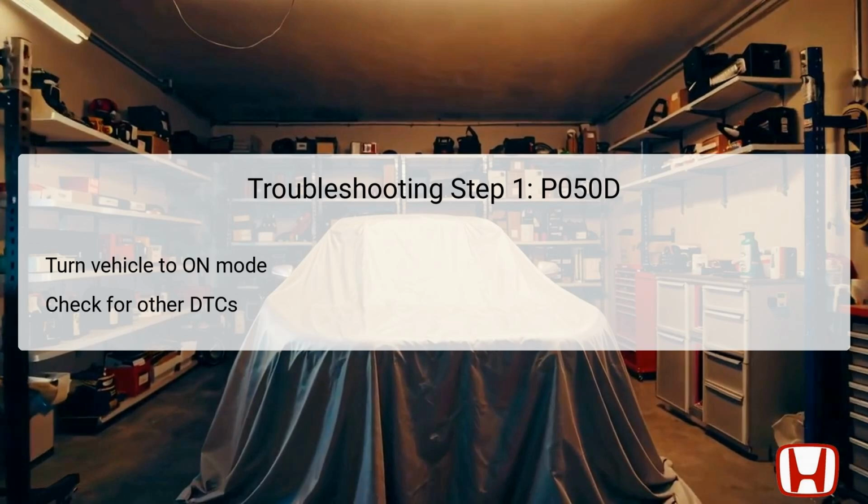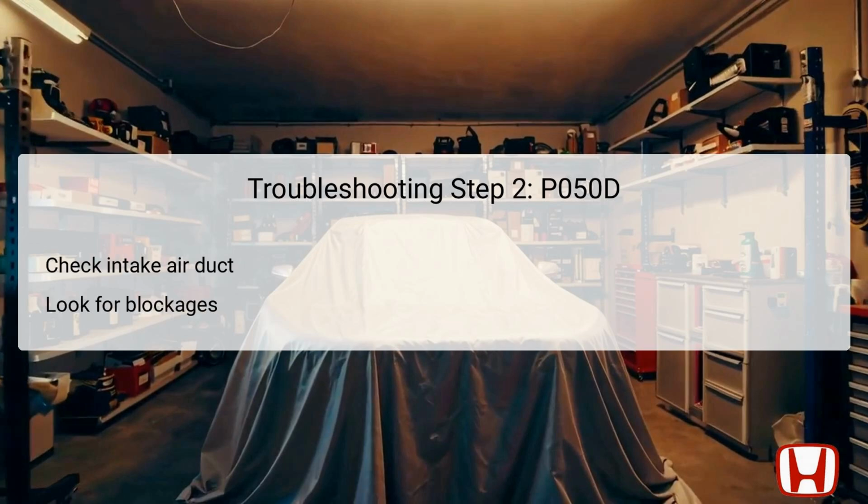It's crucial to identify if there are any other error codes indicated. This information can provide insight into additional underlying issues. If other DTCs are present, they must be addressed first, as they may directly affect the cold start idle performance. This initial diagnosis sets the stage for subsequent troubleshooting actions.